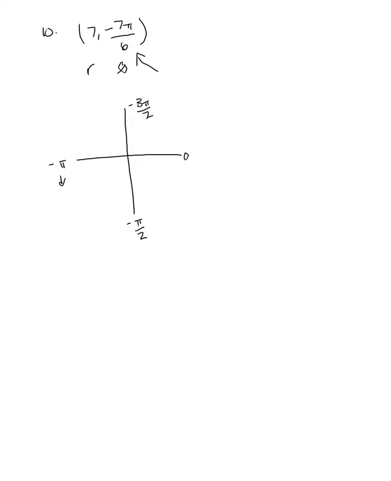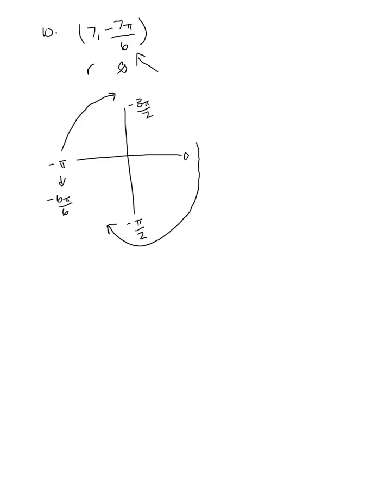I'm going to make it have a denominator of 6, because that's what negative 7 pi over 6 is in. So technically, negative pi is equal to negative 6 pi over 6. The angles are decreasing, but the numerator gets bigger as they go this way around the unit circle, because it's going clockwise.